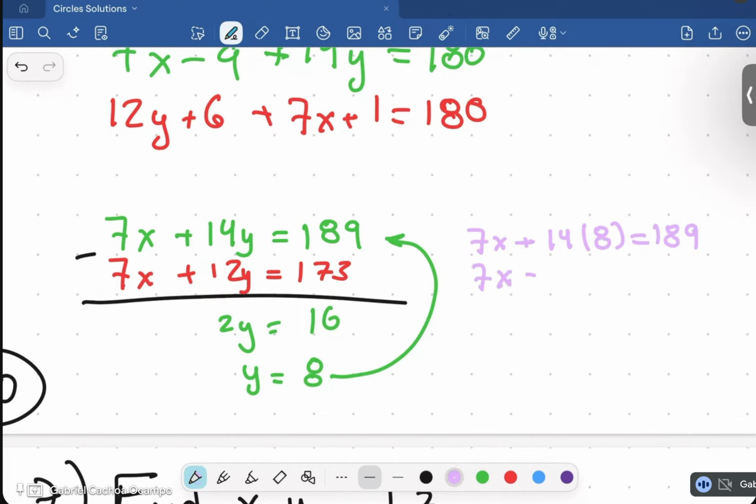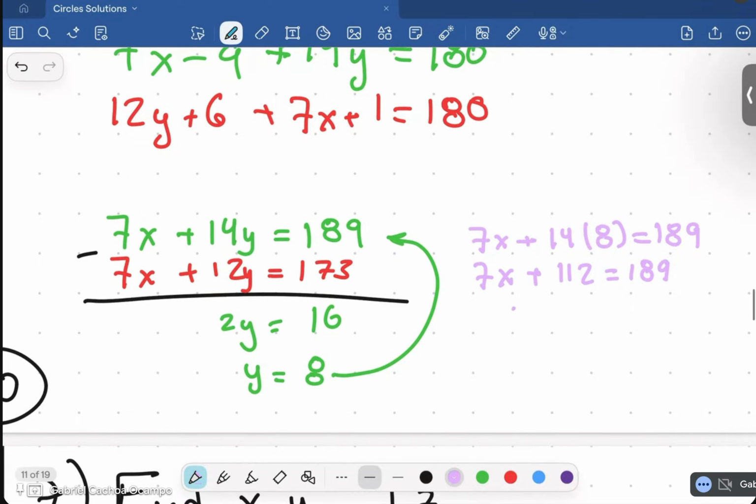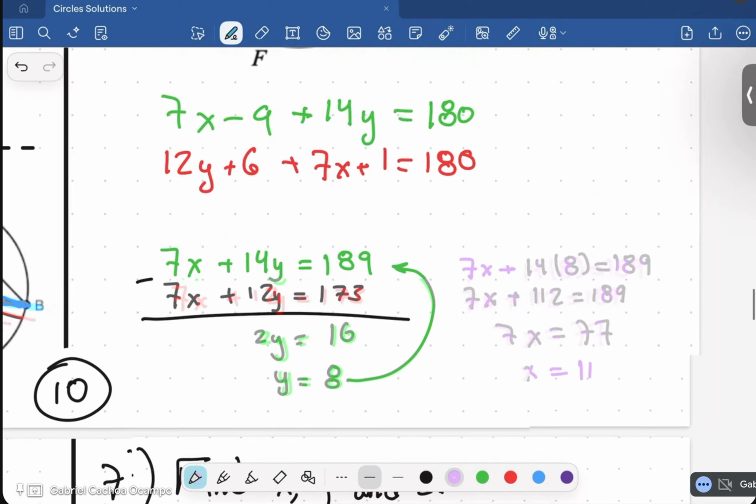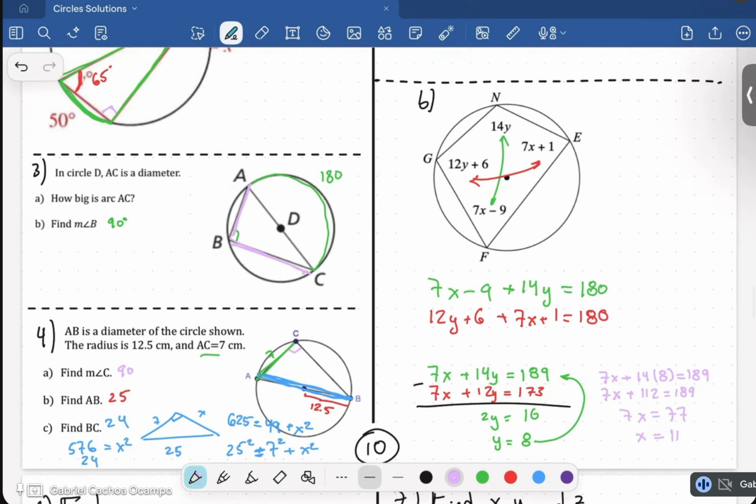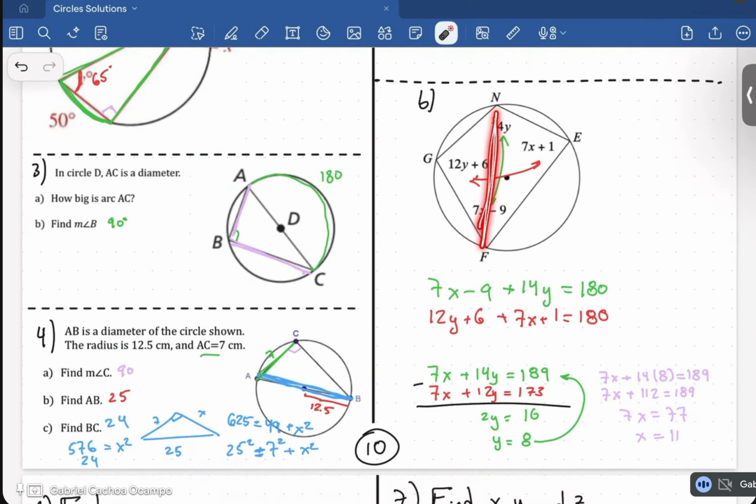So 7x plus 112 equals 189. 189 minus 112, that is 77. So x equals 77 over 7, o sea, 11. So you set opposite sides, add them, equals to 180.